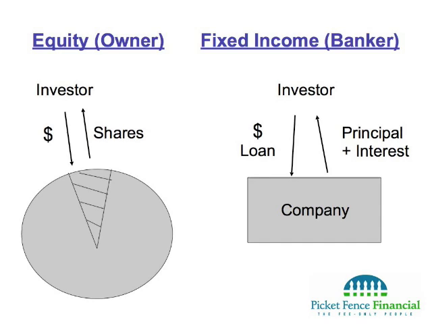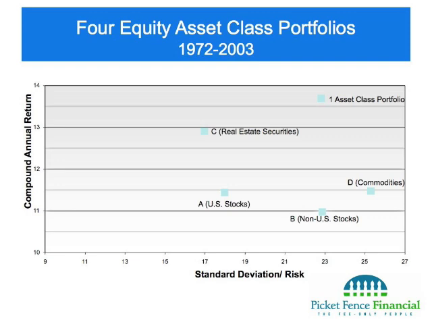So what I'm going to do is show you the importance of diversification by just focusing on equities. We're going to ignore fixed income right now, but I'll be able to show you that even with volatile asset classes like equities, diversification and rebalancing is essential. So again, we're going to look at 4 equity asset class portfolios, no fixed income, over the period 72 to 2003.